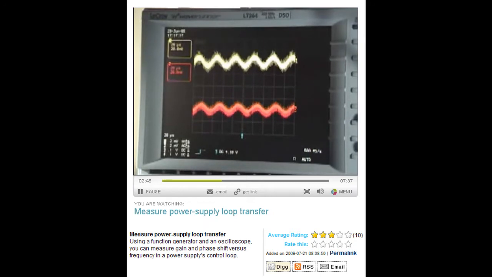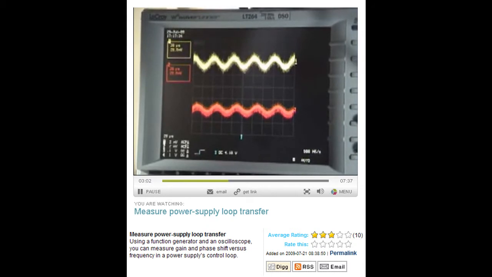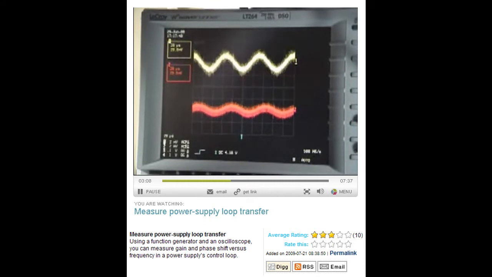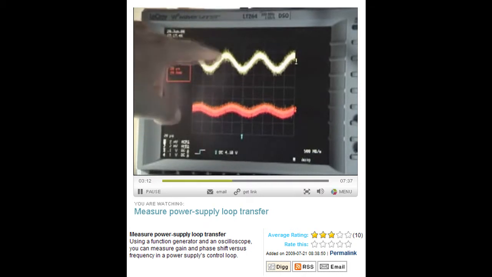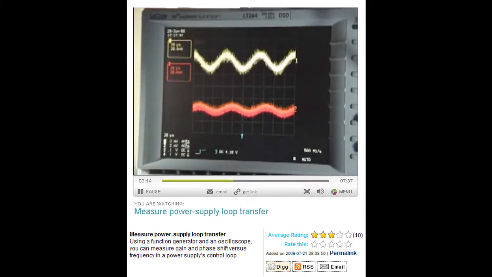And now, as I've shown, at 27 kilohertz I see two sine waves with a little bit different amplitudes. Here in the top, channel 1 shows a little bit larger amplitude, and now what we can do is change the frequency of the injected signal by changing the frequency on the signal generator, and we see, at lower frequencies, now I'm at 15 kilohertz, the one channel has much larger amplitude than the other channel.